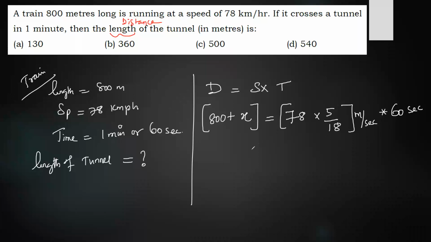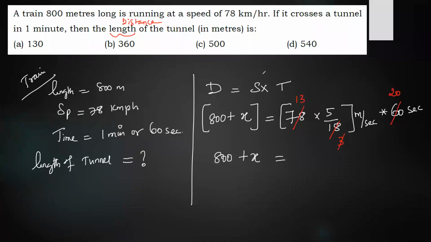We know distances are in meters, right? So convert kilometer per hour to meter per second, and into time. Time is 1 minute, which is 60 seconds. The seconds will get cancelled and the answer will be in meters.